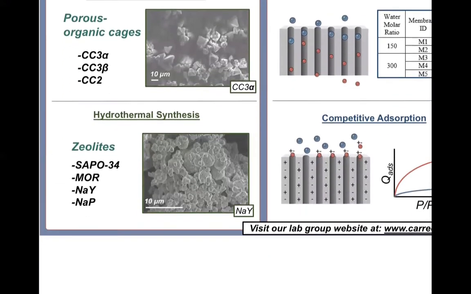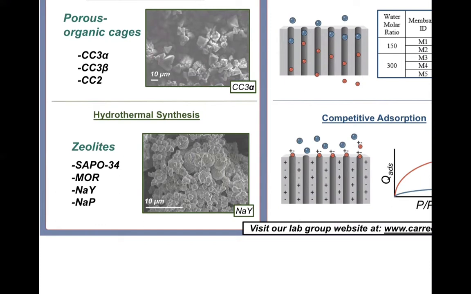Another synthesis technique we use is hydrothermal synthesis, and this is the addition of multiple precursors into a pressure vessel. And so they'll be added in controlled amounts, sealed off in either an inert atmosphere or just an air atmosphere, and then they'll be placed in a furnace and be heated up to result in the nucleation of something like a zeolite.